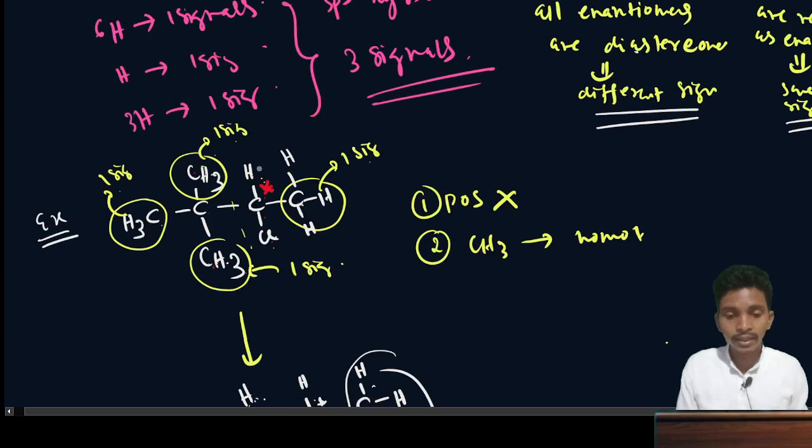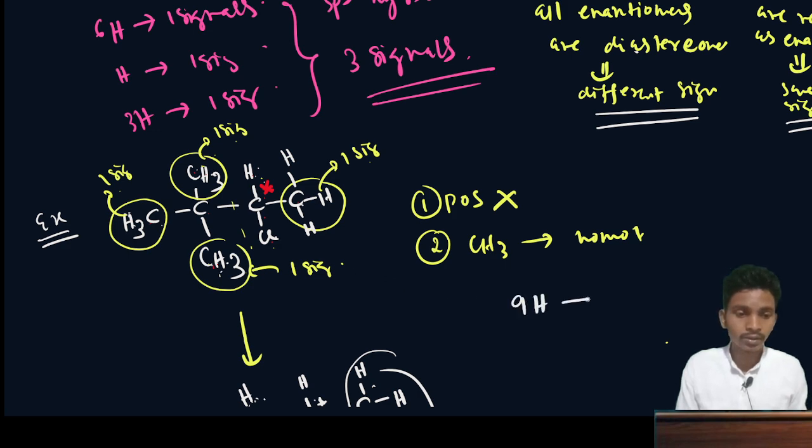So these are homotopic type hydrogens, so we will get the same signal for all of them. So this is 9H, we will get one signal.